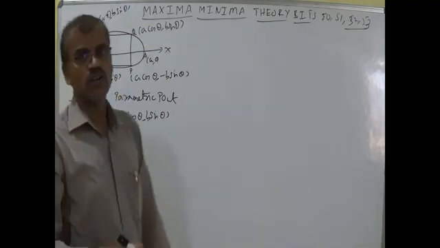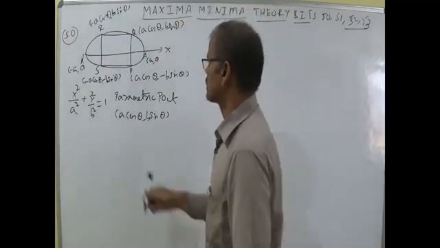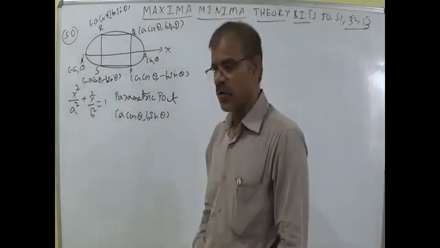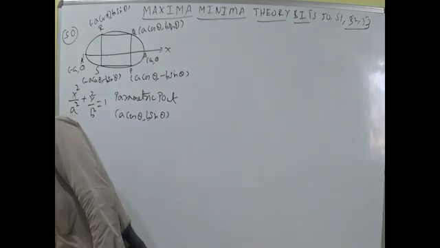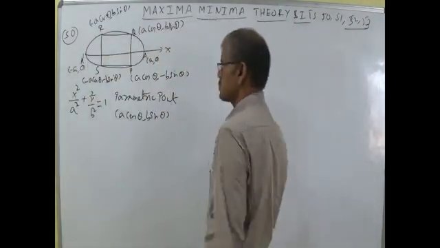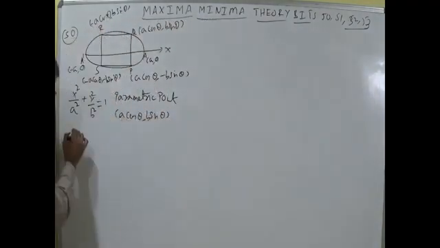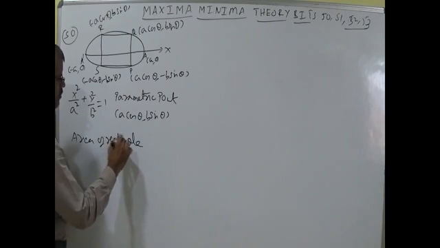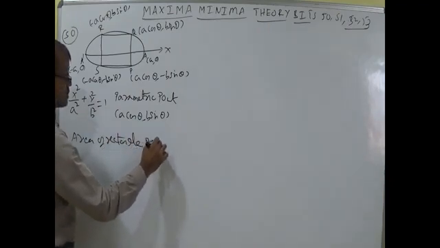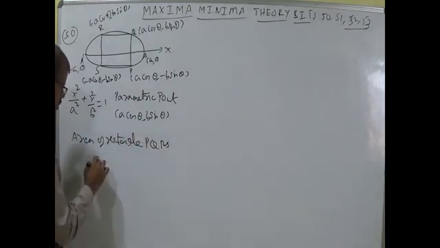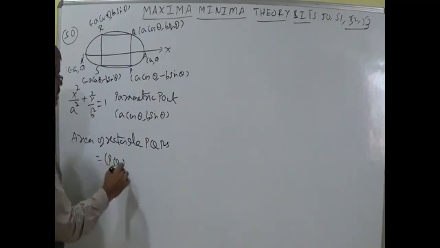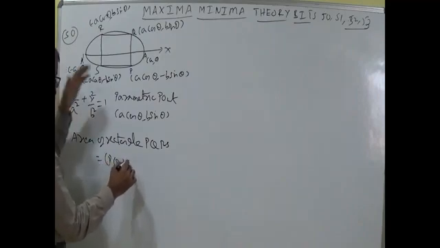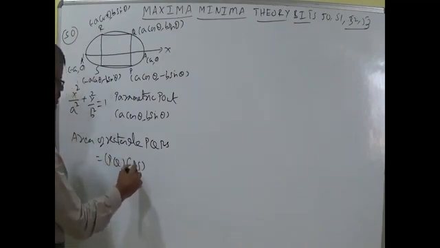Let us denote the area of the rectangle as length into breadth. Area of rectangle PQRS is equal to PQ into PS, length into breadth.